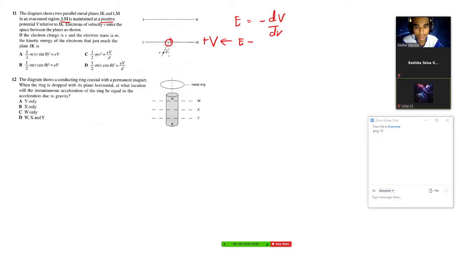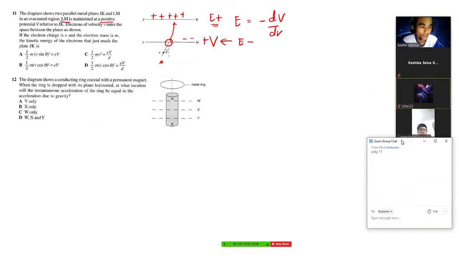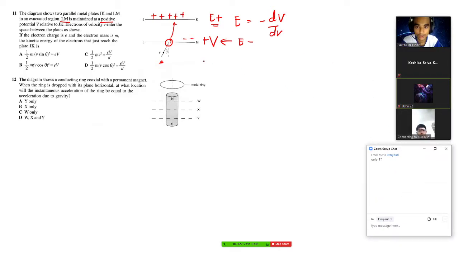So LM is negative E, and this one, JK, will be positive E. That's why the electron is coming towards JK, because it's positive E, where actually we have positive, positive, positive on top of it, and this one will be negative. So there's the reason why it doesn't go to LM. It goes to JK because JK is the one having the positive plate.